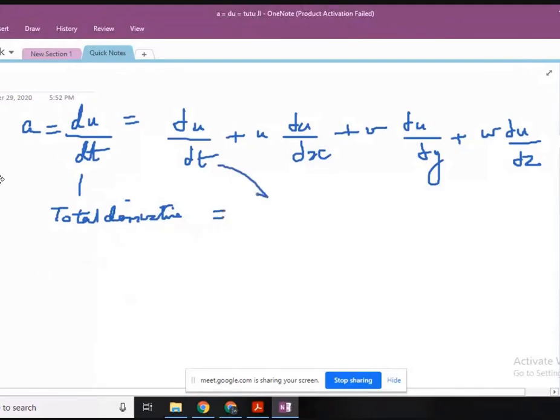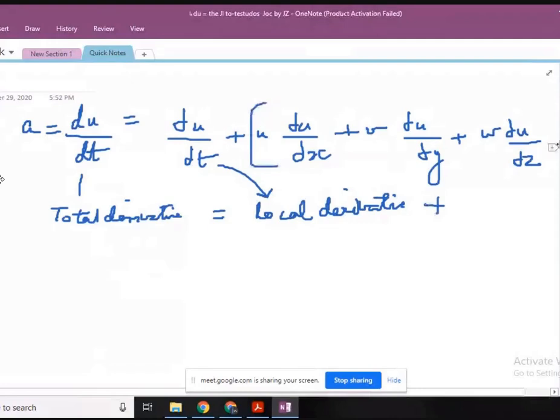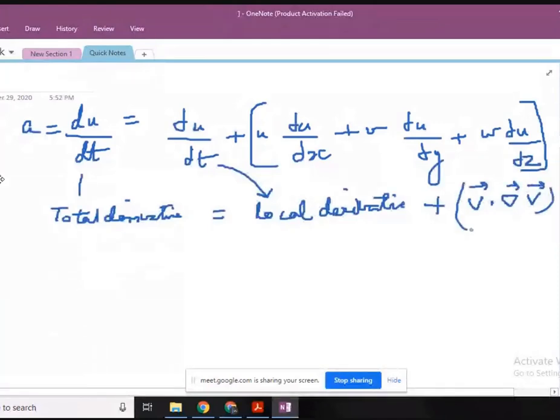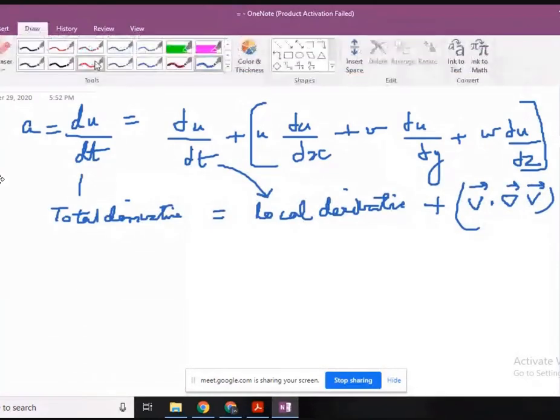This part is called the time derivative, or temporal derivative, or local derivative of that property, plus this part, which you can club together as V dot grad.